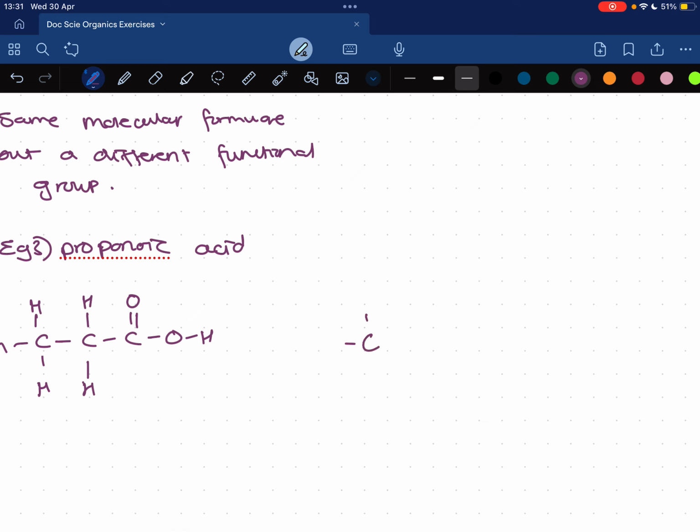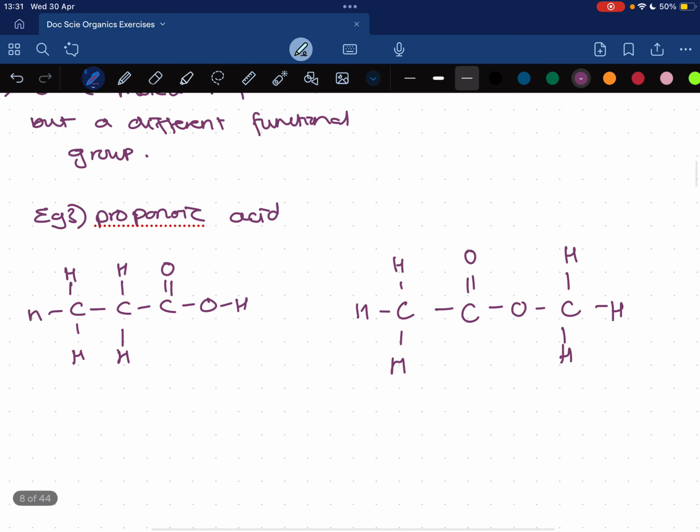So I would still have the 3 carbons, and then I would have now my carbon with the double bond O, single bond O, C, and then H's would surround that one. Now let's double check. Okay, so this one would be methyl ethanoate.